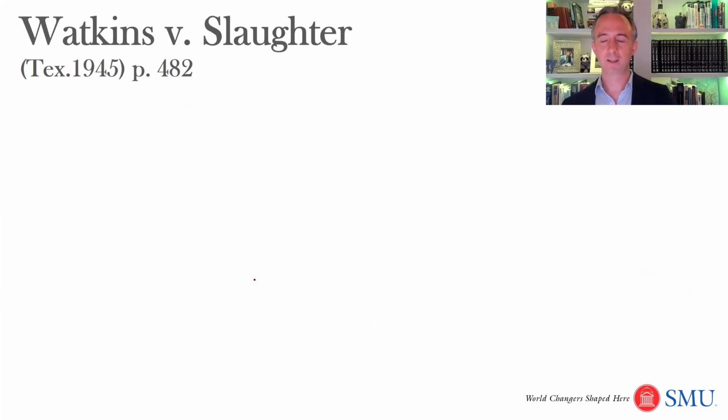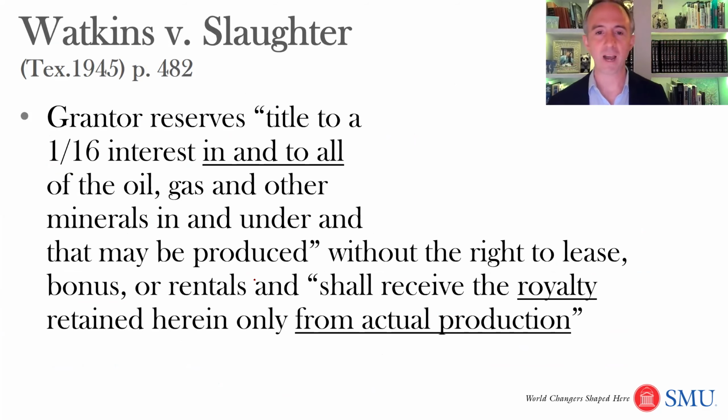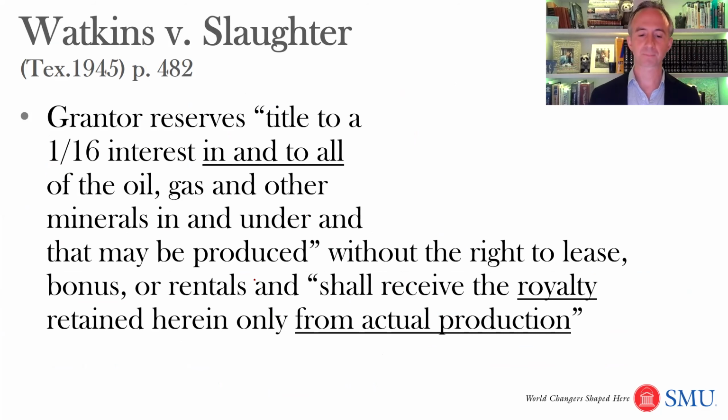Okay. Now it gets even more confusing if you look at Watkins versus Slaughter, a Texas 1945 case. In that case, the grantor reserved title to a 1/16th interest in and to all the oil and gas and other minerals in and under and that may be produced. Okay, so again, 1/16th mineral interest, you might think, okay?